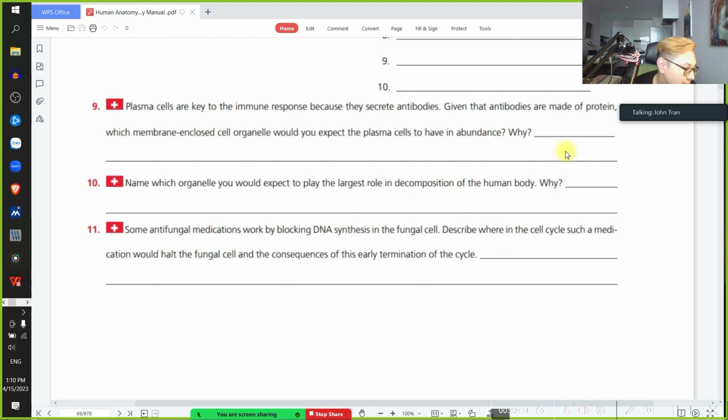Think. If they make a lot of protein, a lot of antibodies, what cell organelles would you expect to have a lot?